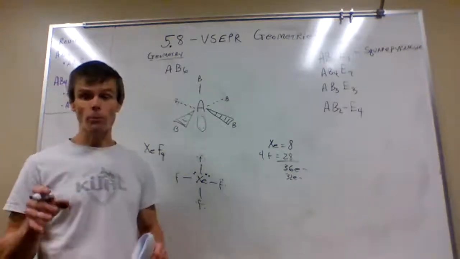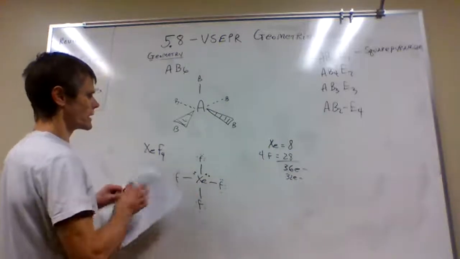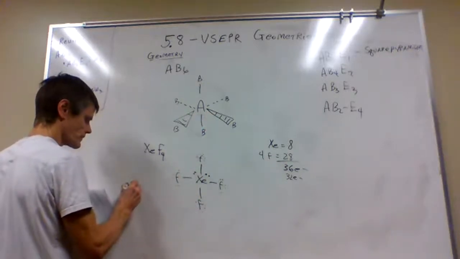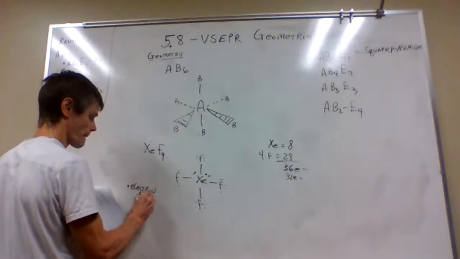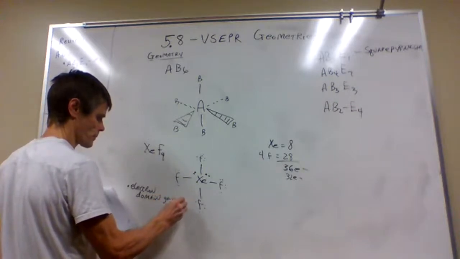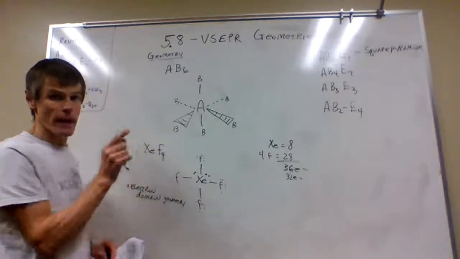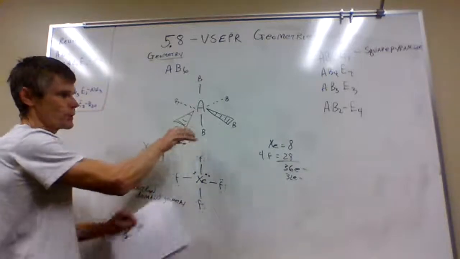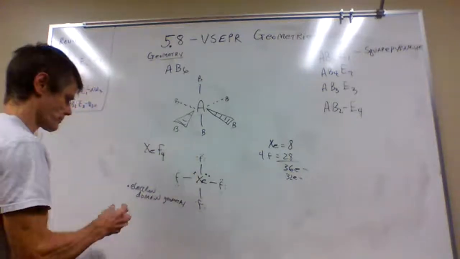So the electron domain geometry would be just like we've drawn here. This has an octahedral electron domain geometry, because the central xenon atom has 6 electron domains about it, and they would distribute themselves in an octahedral fashion about the central xenon atom.